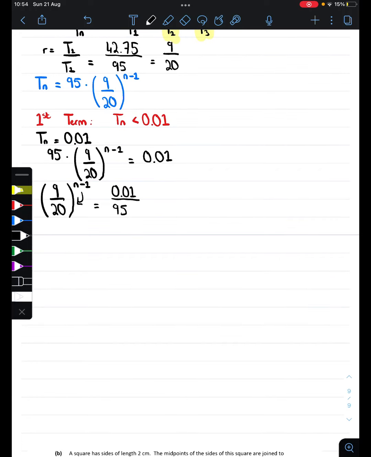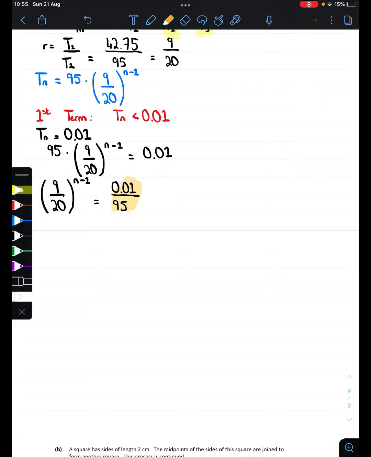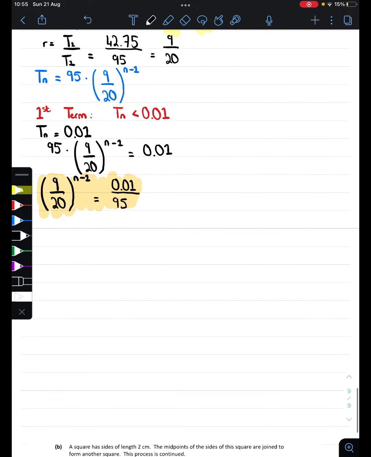bring down this power. But I actually think that this comes from a bit of a lack of understanding of what logarithms are. So if we take a look at this equation, our unknown is this term here, this n minus 1, this power.